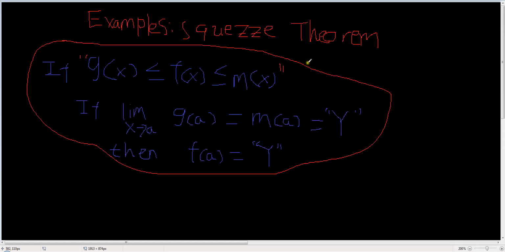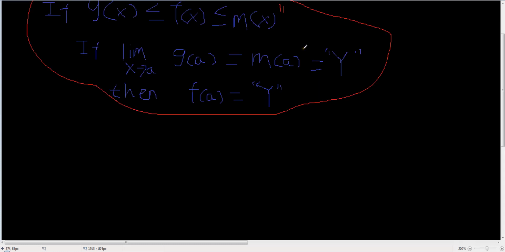You will see what I was talking about if we go into the examples. First, there are two types of examples you will most likely be given on a test or in the textbook.